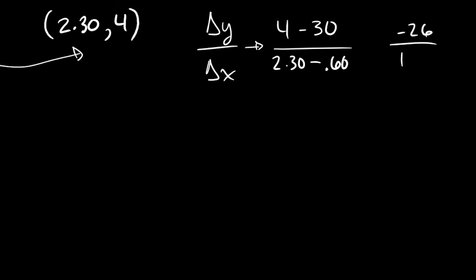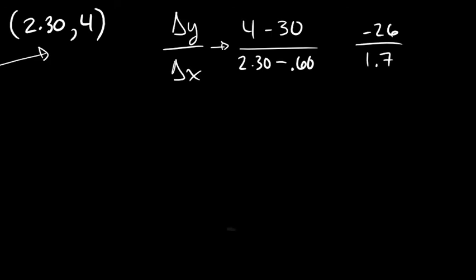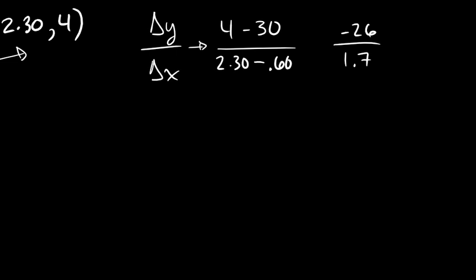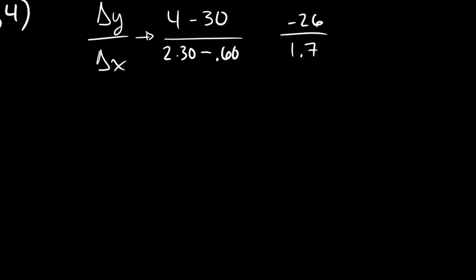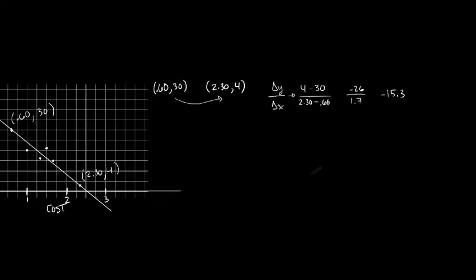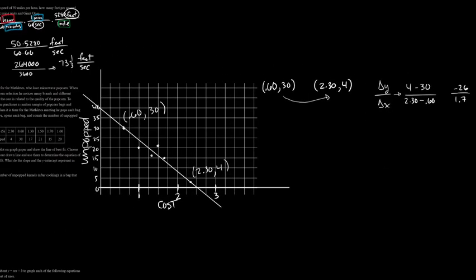So the cost went up by $1.70. Negative 26 divided by $1.70 gives me a rate of about negative 15.3. So what this is telling me is that as the price increased, if I was to express this as a unit rate, as the cost goes up by a penny, no, these were dollars, right?